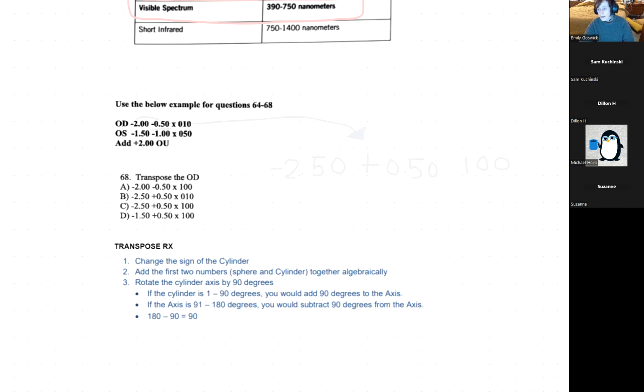So you would be here basically. We can see that in this case the answer is going to be C. That's definitely something you want to get familiar with. Pretty simple process, just following these 3 steps.